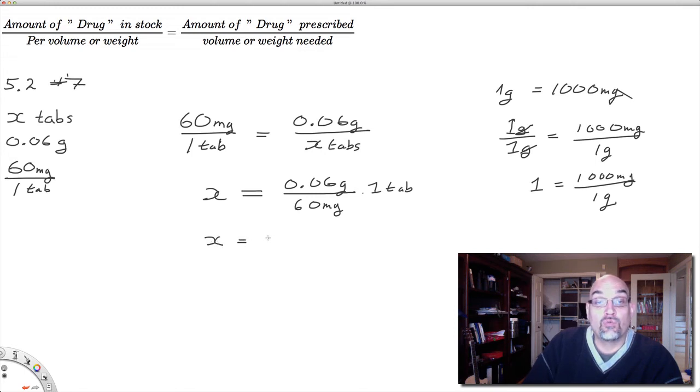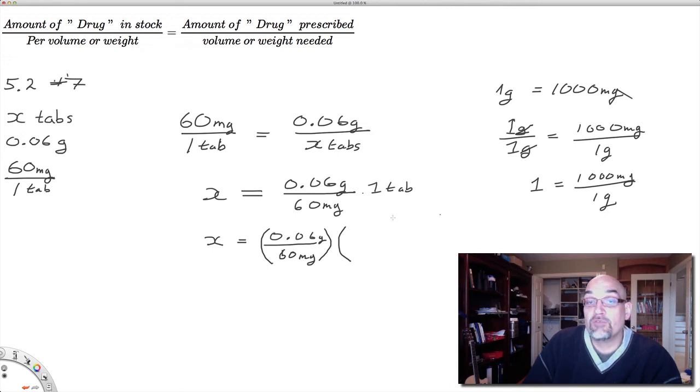I'm going to rewrite this. I have X is equal to 0.06 grams divided by 60 milligrams. And I'm just going to put this in brackets to really be clear about what we're doing.